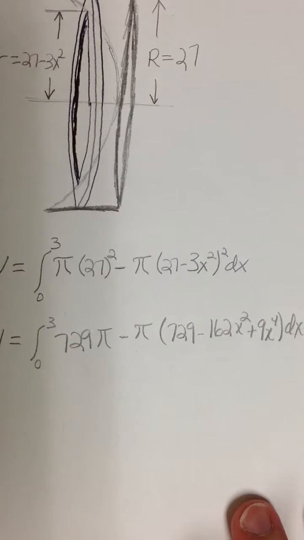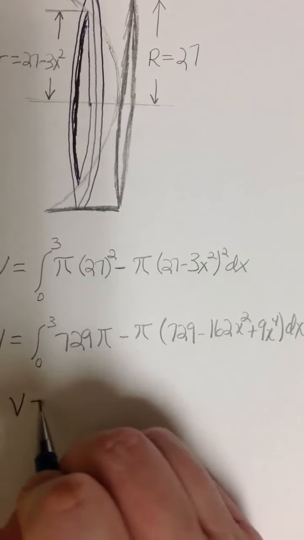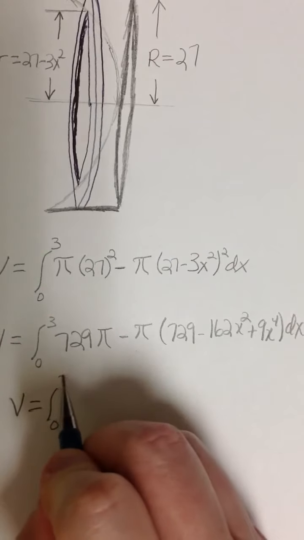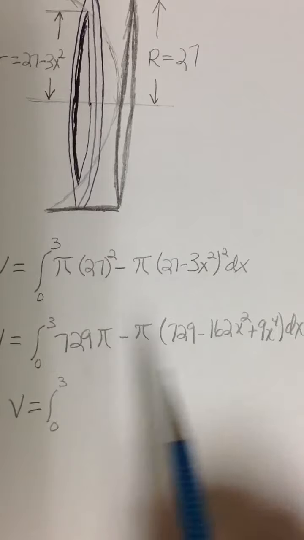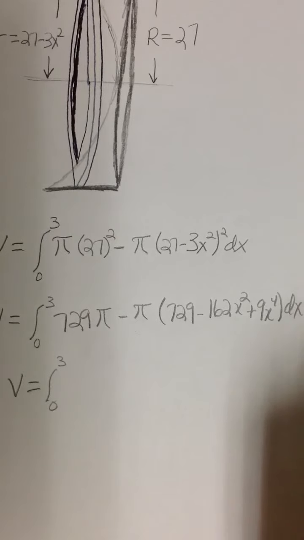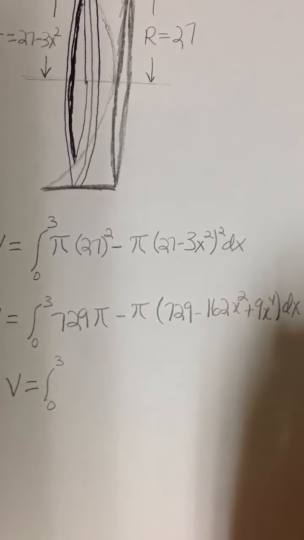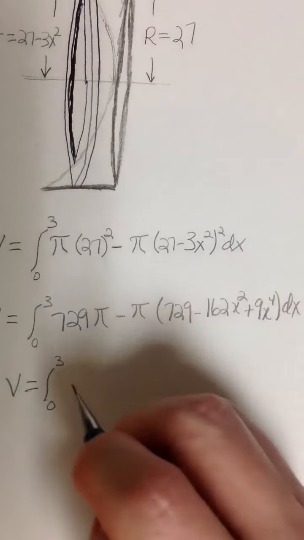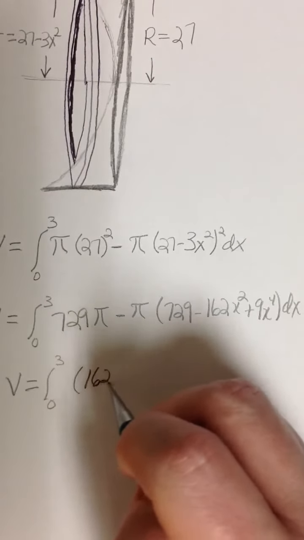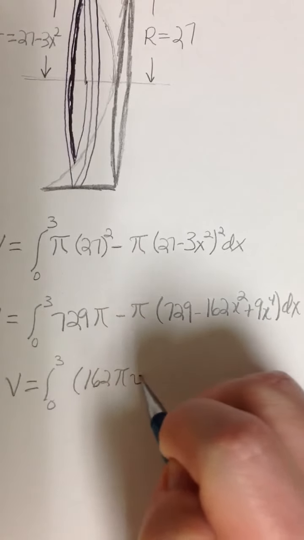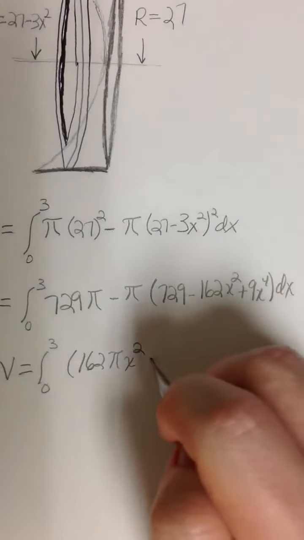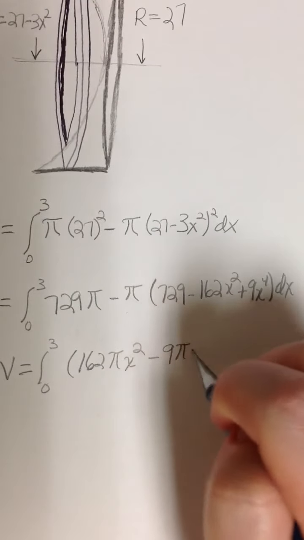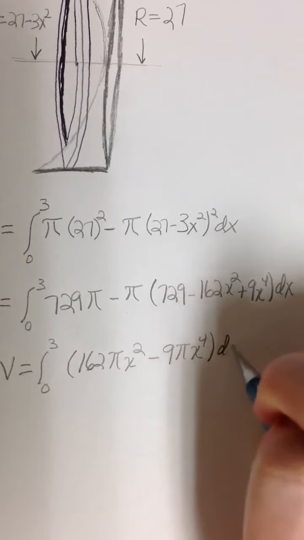And so with the follow through, carrying out what we have at this juncture for the volume, again going from x equal to 0 to x equals 3, we're going to have the 729 pi's cancel out, and so we are thus down to 162 pi x squared, negative over negative is positive, and then we have minus 9 pi x to the fourth dx.